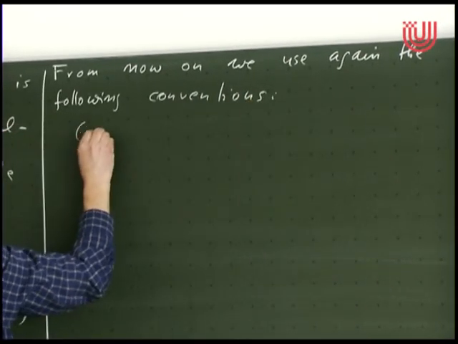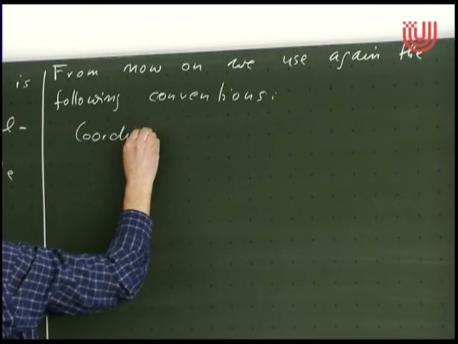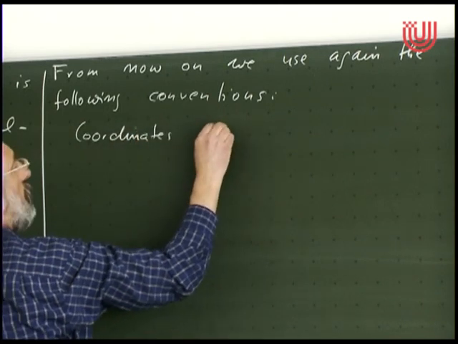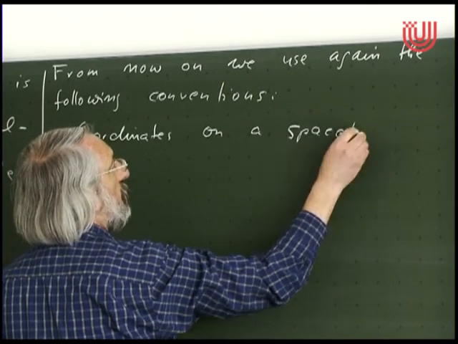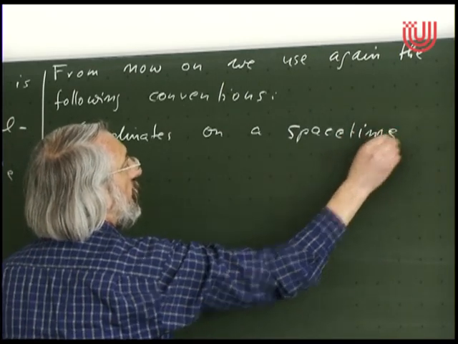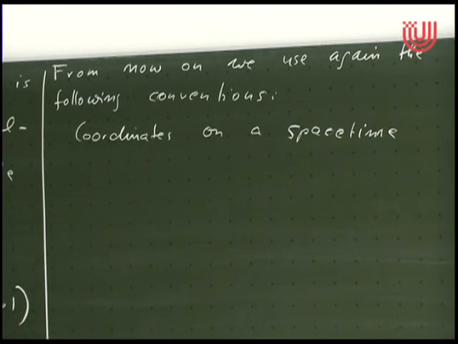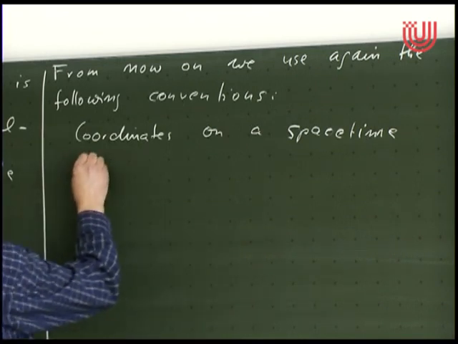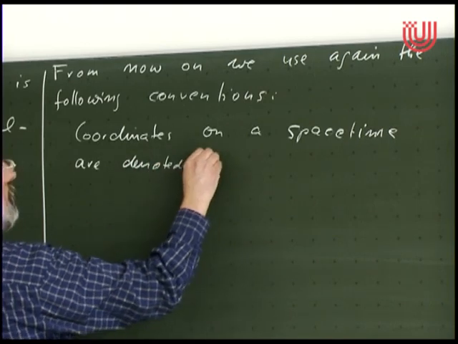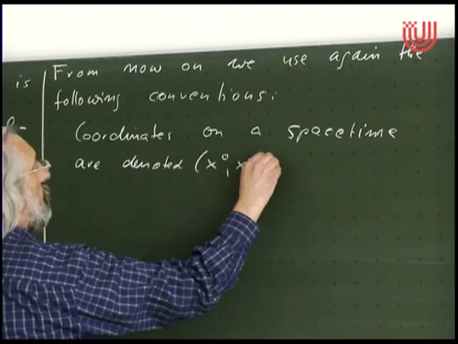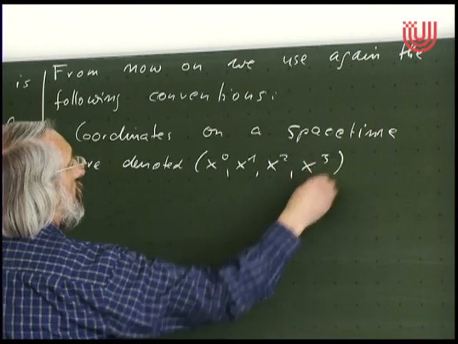So coordinates on the space-time, and this will in general be a general relativistic space-time, not the one of special relativity, are denoted x0, x1, x2, x3.